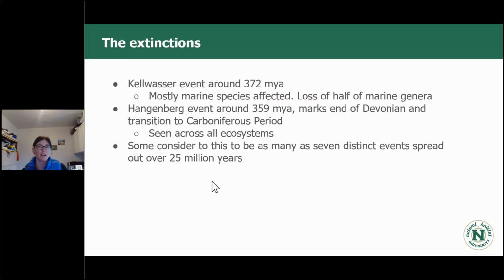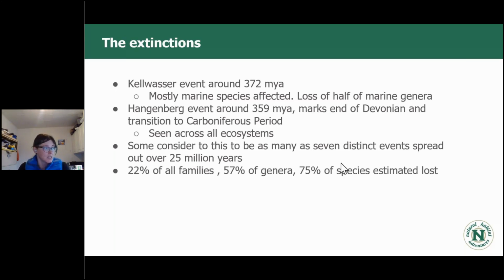There's still a lot of things that we don't know about the Devonian extinctions. Believe it or not, there's not a lot of research dollars and time and effort that goes into looking at this, so there are still things that we are learning. About 70 to 80% of species were estimated lost at this time.